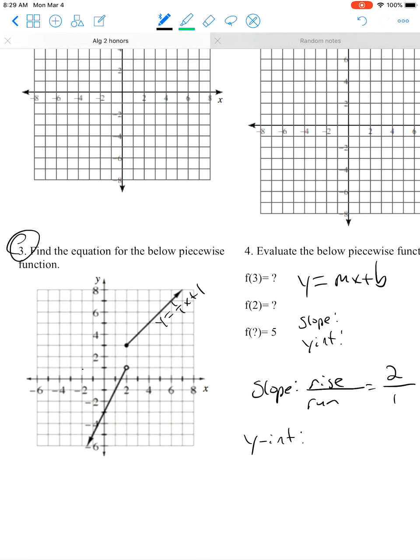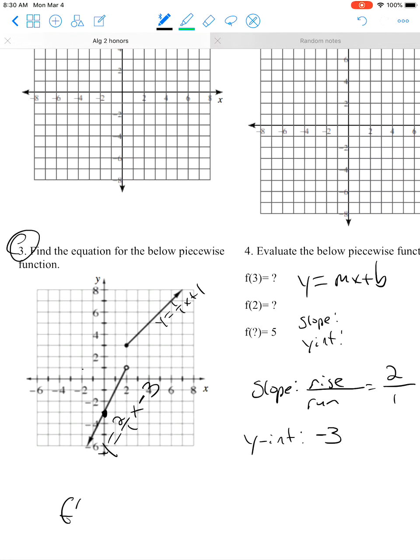I already have the y-intercept. It happens to be right here at -3. So my y-intercept is -3. So for this one, y equals 2 over 1x minus 3. So I have my 2 equations.